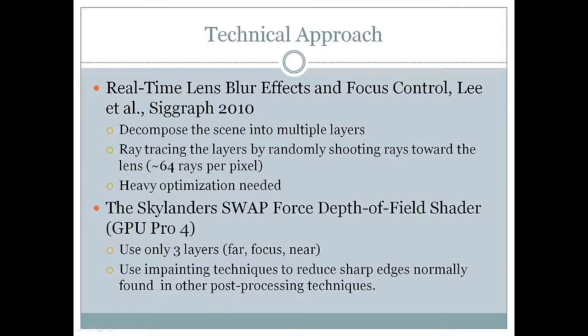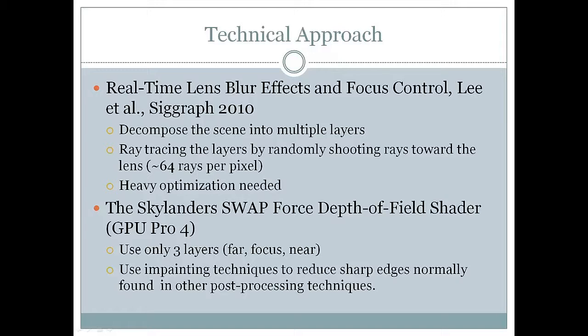The technique we are using is based on two papers. First is a SIGGRAPH 2010 paper called Real-Time Lens Blur Effects and Focus Control by Li et al. This method decomposes the scene into multiple layers by layer depths, and then they retrace this layered scene by shooting rays toward the lens location.